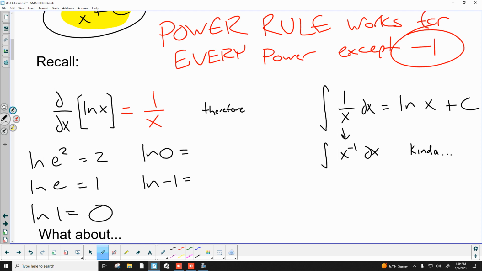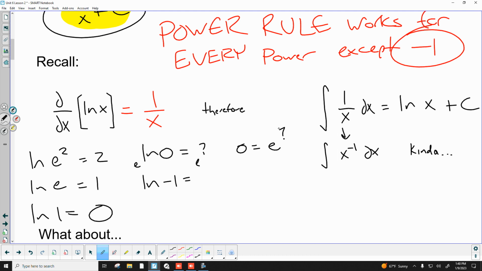Come on, guys. What's the natural log of 0 and the natural log of negative 1? Well, you're not sure, right? It's a question mark. Well, let's take e to the power of both sides and figure it out. If I take e to the power of both sides, I get 0 equals e to some number. What number can you take e to get 0? Not 0, right? Because e to the 0 is 1.